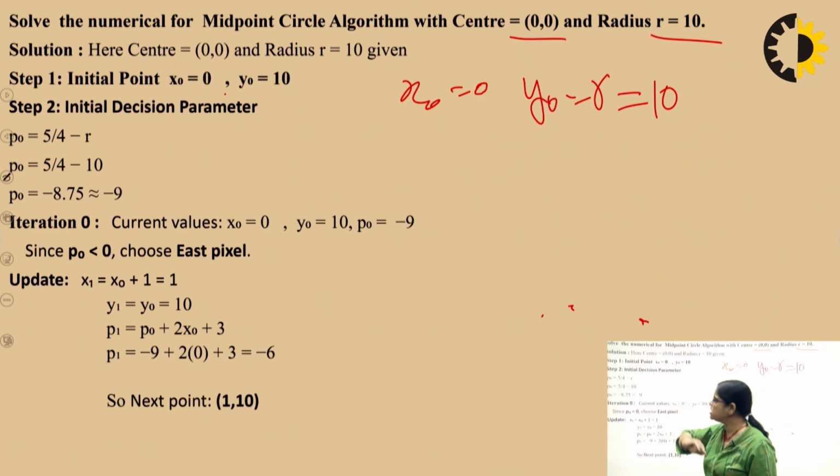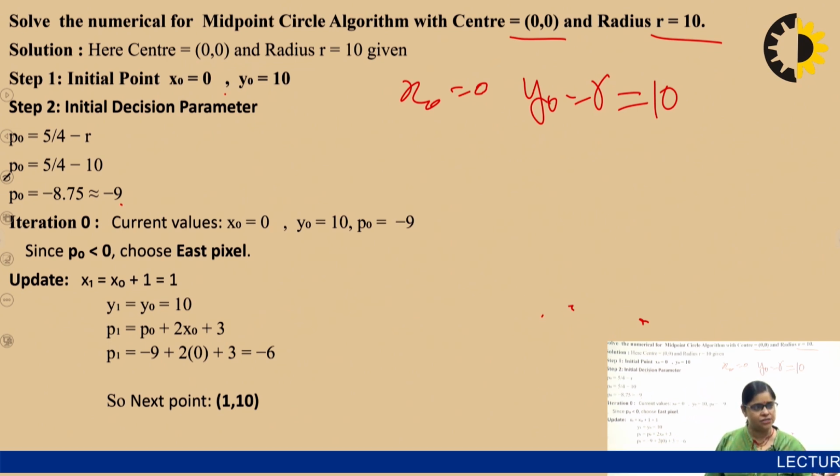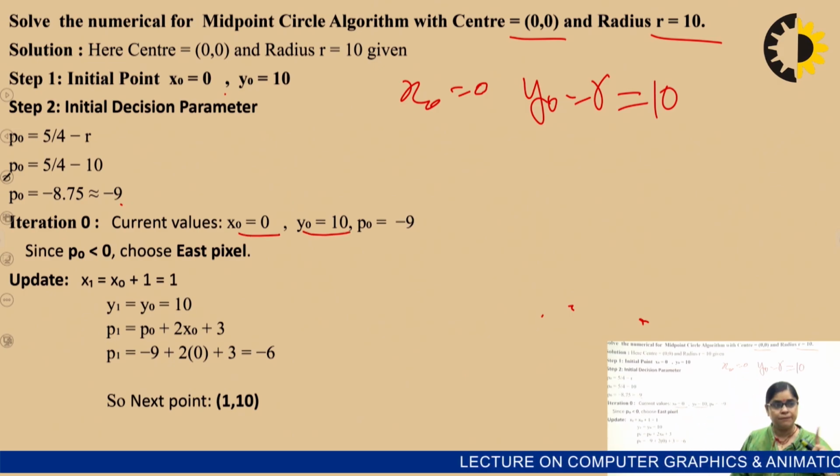For the initial parameter, I have taken P naught equals 5 by 4 minus r, so when you solve this, it comes to minus 9. For iteration 0, the current values are x naught equals 0, y naught equals 10, P naught equals minus 9.